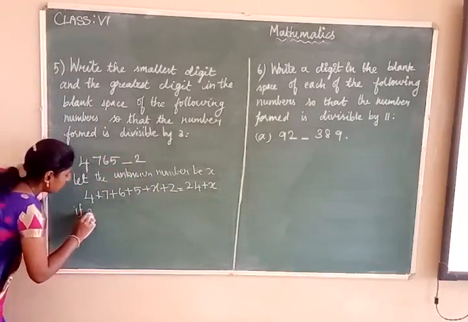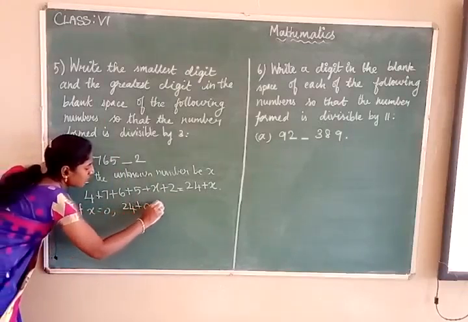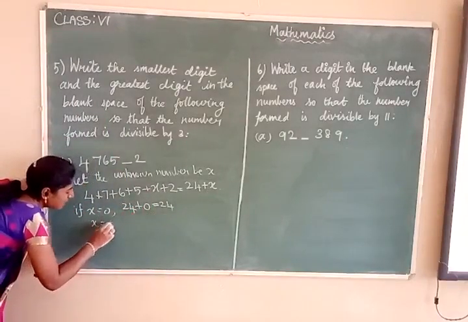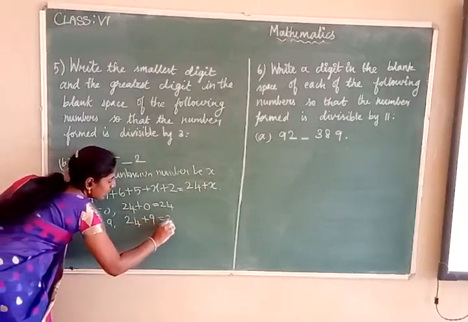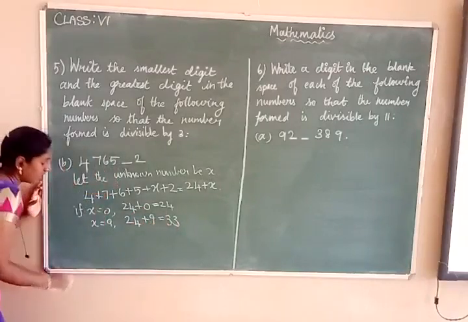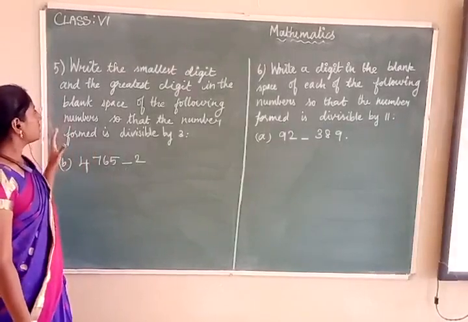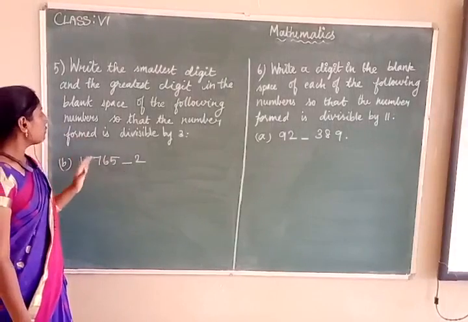If x equal to 0, then 24 plus 0 is equal to 24. If x equal to 9, 24 plus 9 is equal to 33. Look at the next question. Write the smallest digit and the greatest digit in the blank space of the following numbers so that the number formed is divisible by 3.